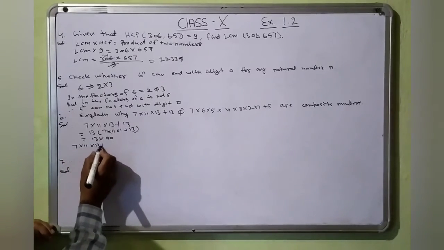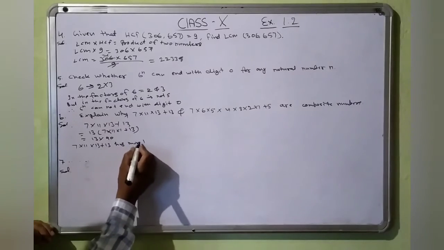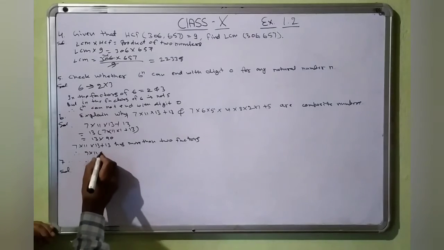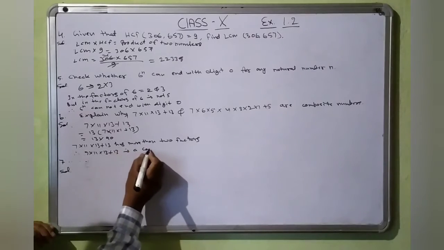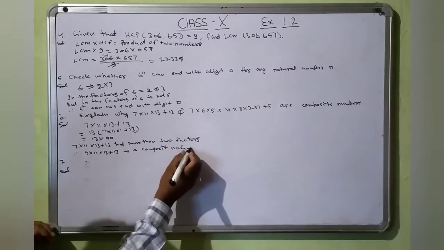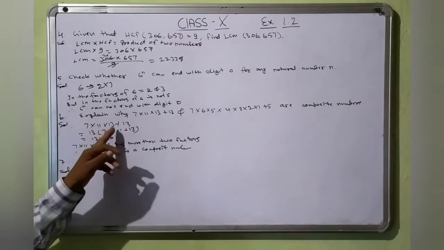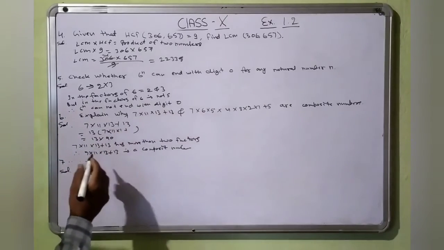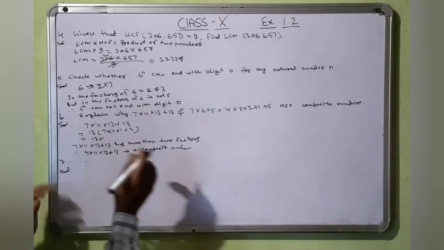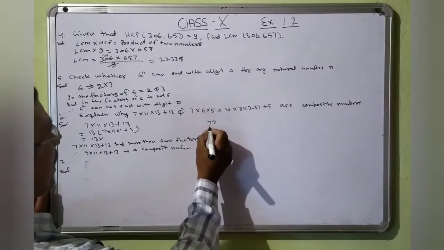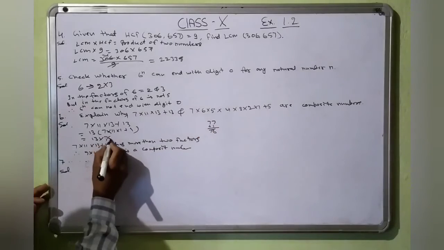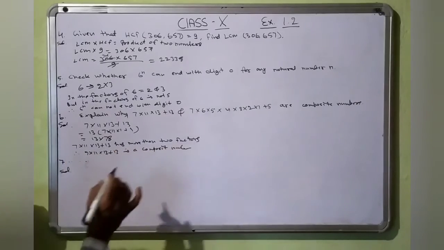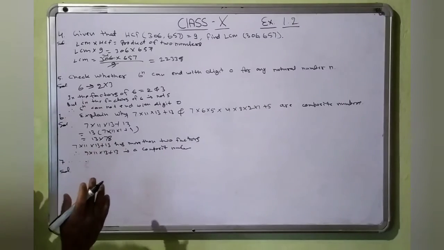So 7 multiply 11 multiply 13 plus 13 has more than 2 factors, so it is a composite number. Again see that 13 is common. 7 is left, 11 is left, and 13 times 1 is 13, so 7 times 11 is 77, plus 1 is 78. So it has more than 2 factors, because 13 and 78 are given here already, and 1 is also.